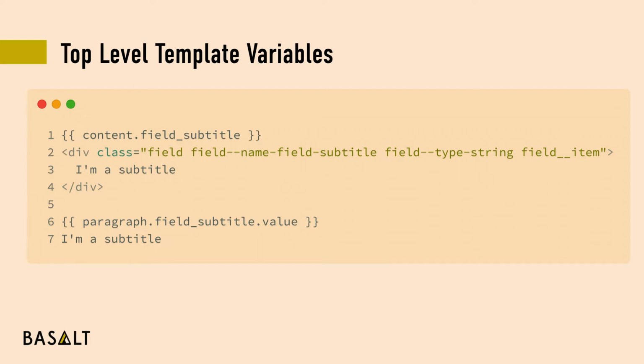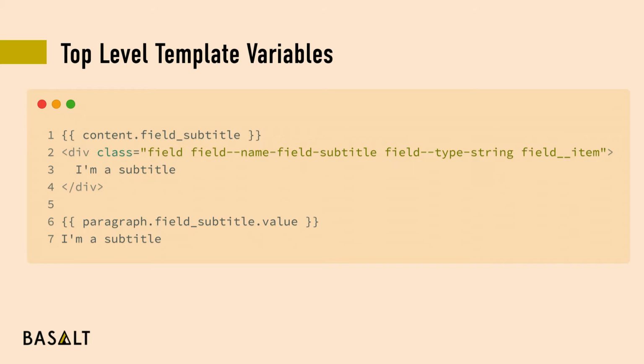These basically have two different parts. Content dot and all those things in there are going to output all of these fun class names that you may or may not be interested in. Once you get down into paragraph dot or node dot or block dot, you're going to get more raw data, which is what we're interested in.